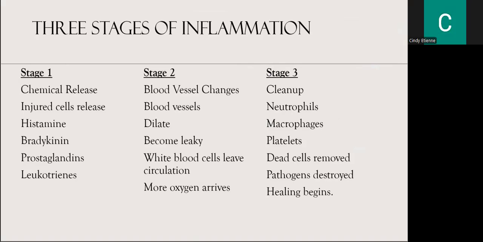The blood vessels dilate, allowing more blood, oxygen, and nutrients to reach the injured area. They also become more permeable, or leaky, so white blood cells can leave the bloodstream to enter the damaged tissue. This is why the area becomes red, warm, swollen, and painful.